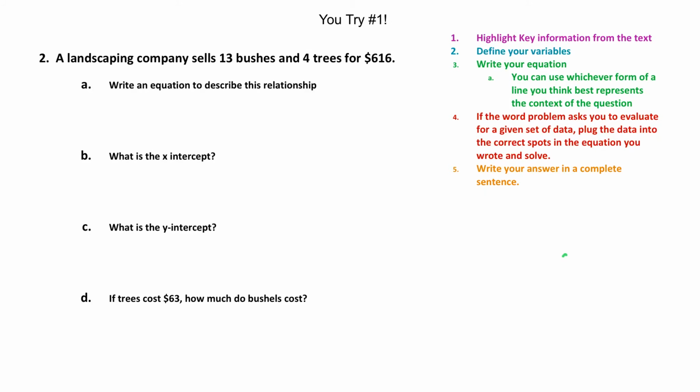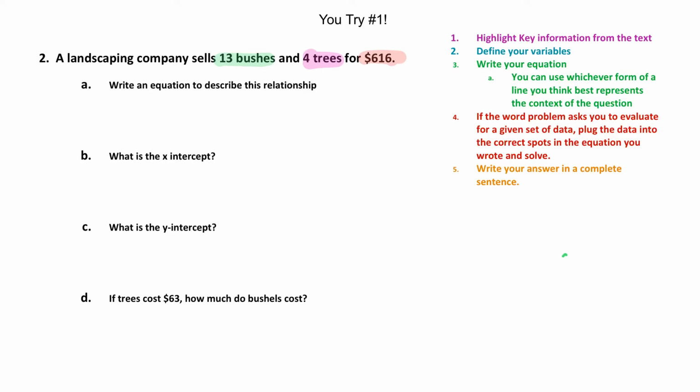So let's review this question. A landscaping company sells 13 bushes and 4 trees for $616. I need to highlight my key information. So it sells 13 bushes and 4 trees for $616. So my first step was highlight key information from the text. I did that. So now I need to define my variables.